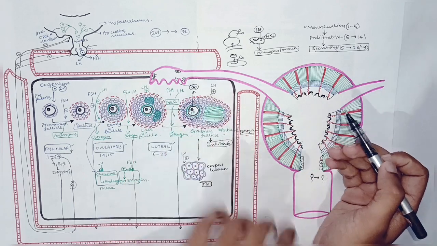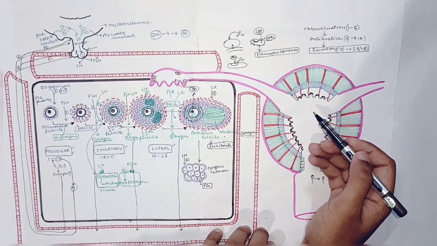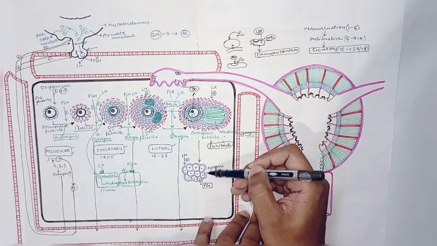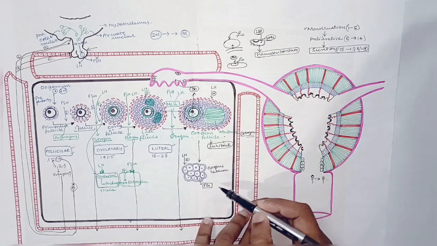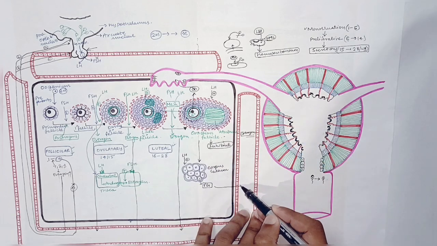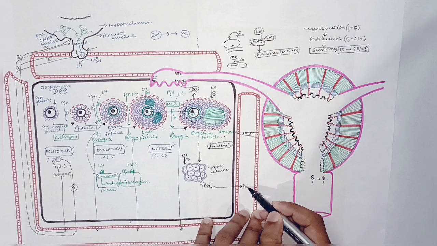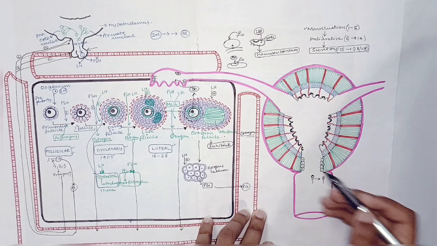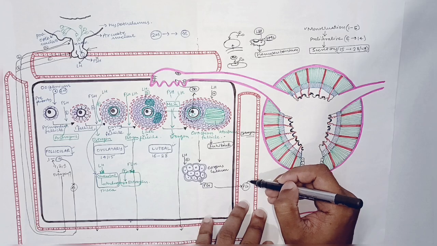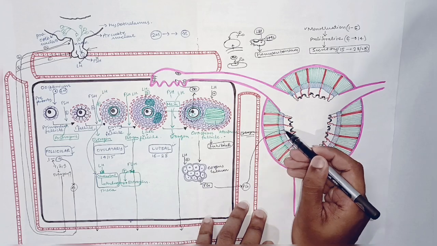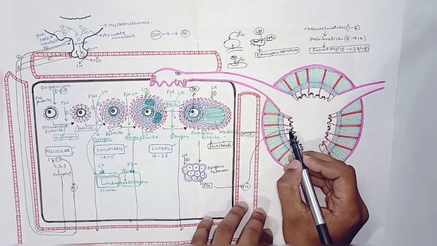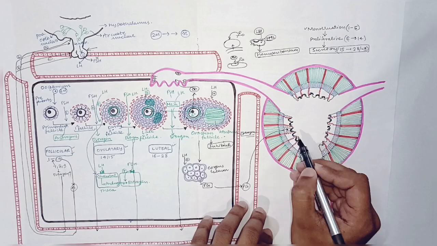Now can you remember that the progesterone which is released from the corpus luteum is actually down into your bloodstream? So what happens is that the progesterone is acting on the stratum functionalis and making it thicker.